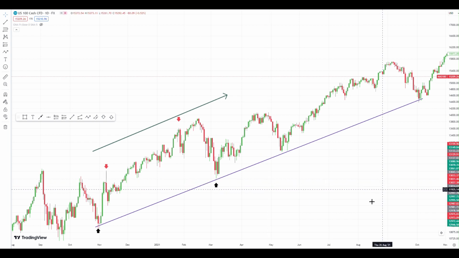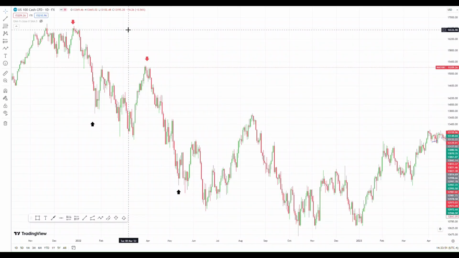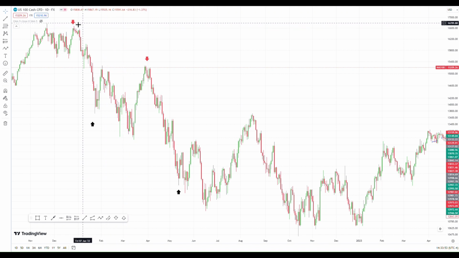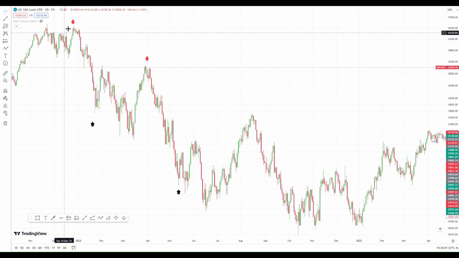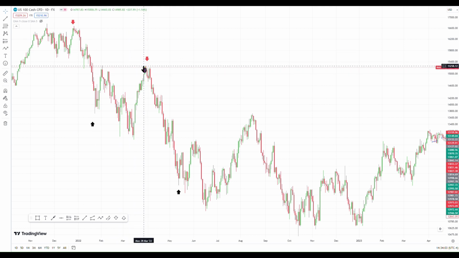Now, when the sellers are dominating the market, that means we're in a downtrend. And of course, it's going to be the opposite of higher highs and higher lows, which is lower lows, as we see here, and lower highs.